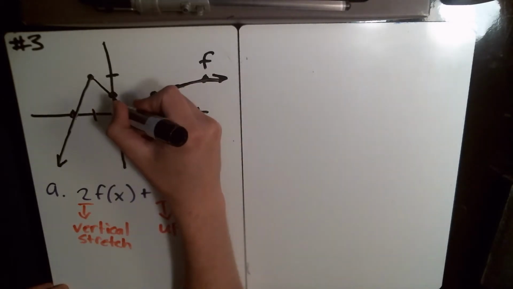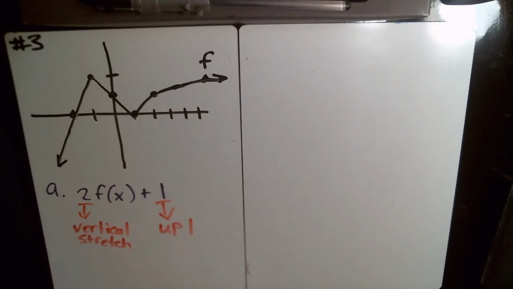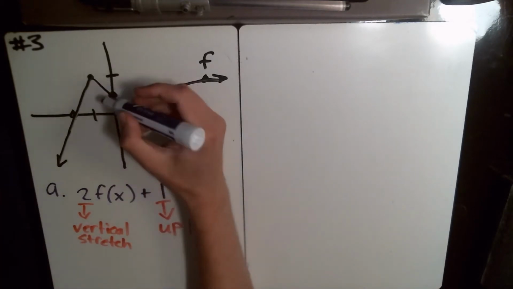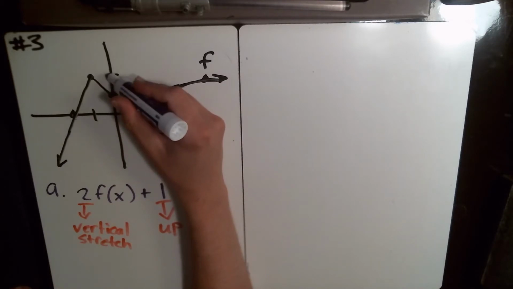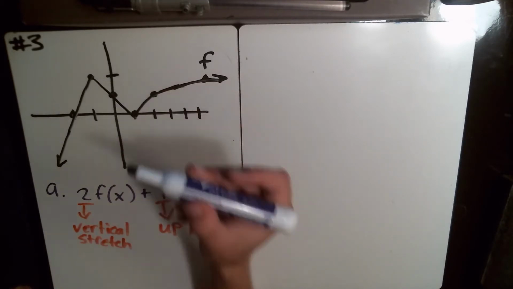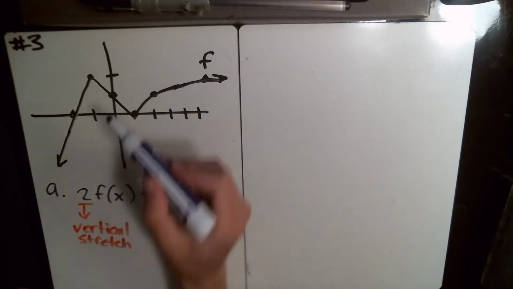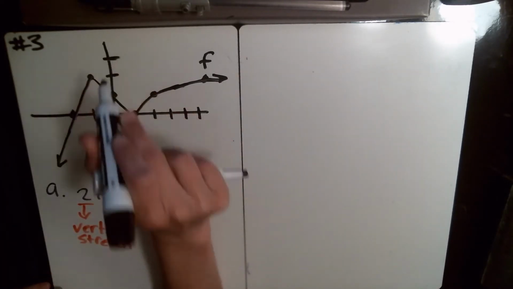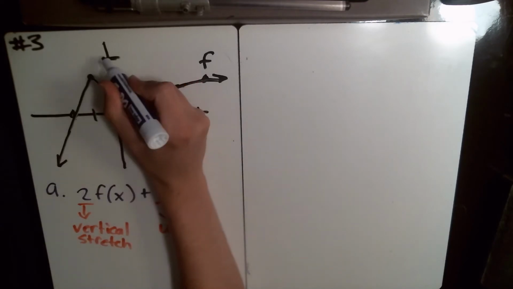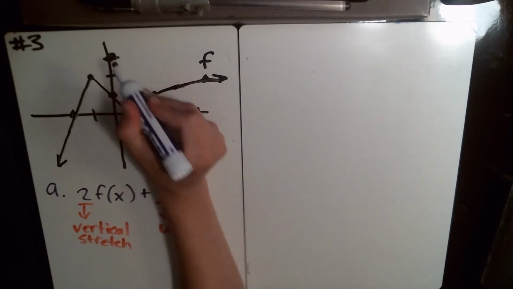So for instance, this one, well, let's use a different color here. I'm going to double it, so I'd be up here at 2, and then I'm going to add 1 or shift it up 1, so we're going to be up here at 3.